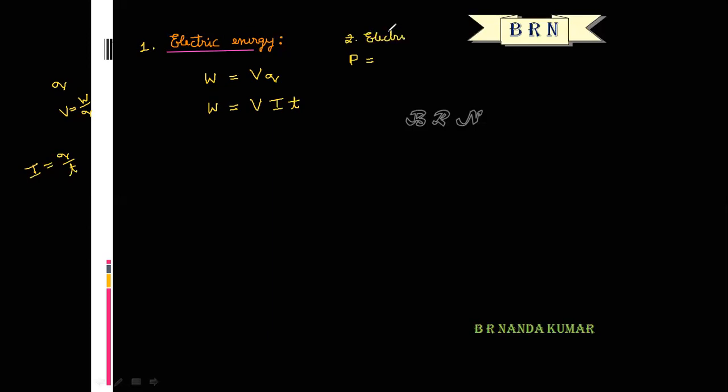Electric power means the rate at which work is done by a source of EMF in maintaining an electric current through a circuit. It is the rate of doing work, P is equal to W by T. This is the mathematical expression for electric power.